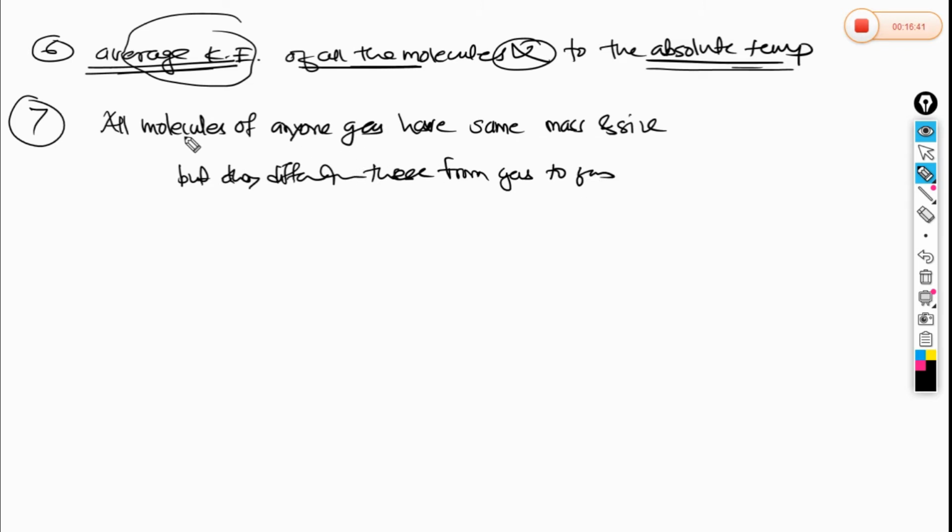So all the molecules of any one gas have the same size and mass, but they differ from gas to gas. Okay, and what is the eighth postulate?